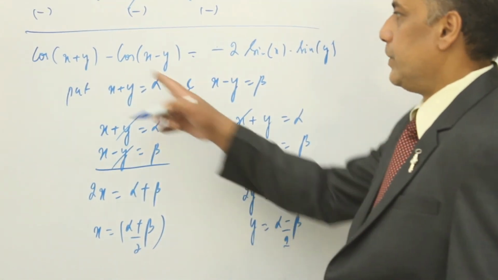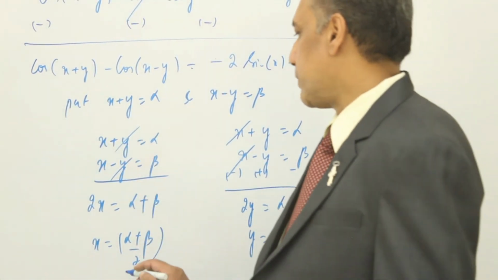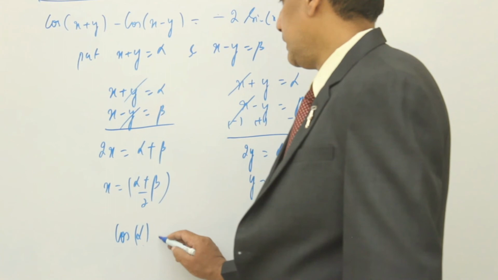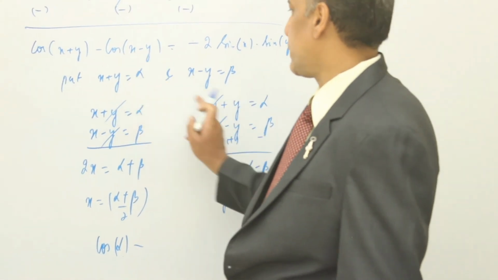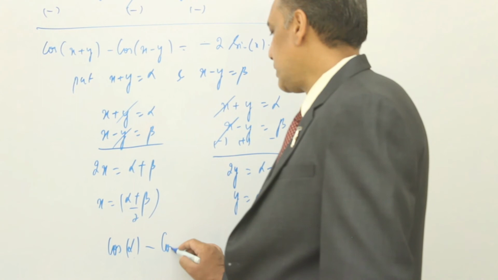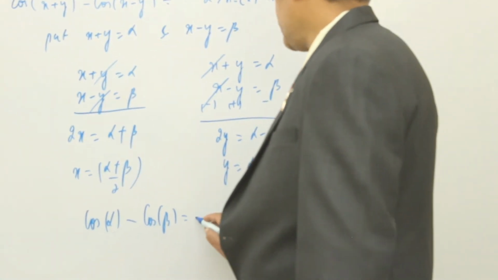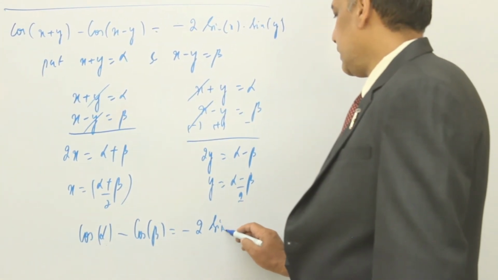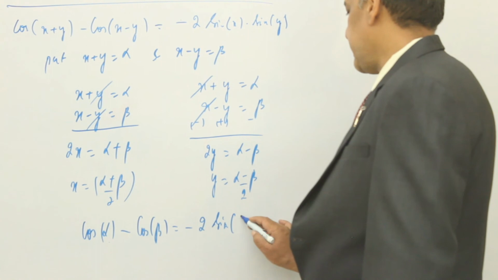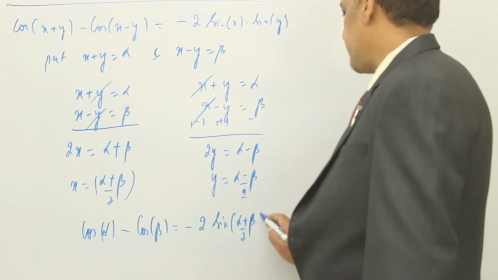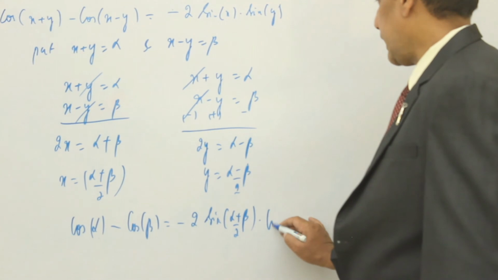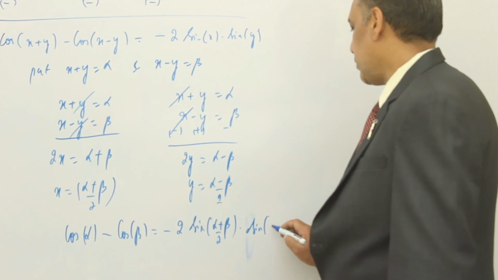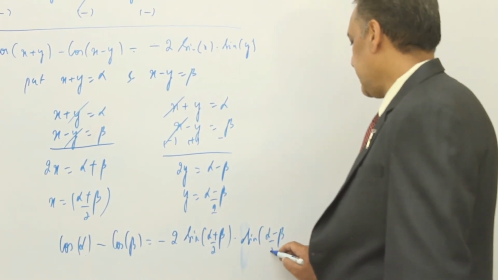So in this formula, we substitute the things. For cos of x plus y, we put cos alpha minus, in the place of cos of x minus y, cos beta, equal to minus 2 sin x into sin y, where x is nothing but alpha plus beta by 2, and y is alpha minus beta by 2.